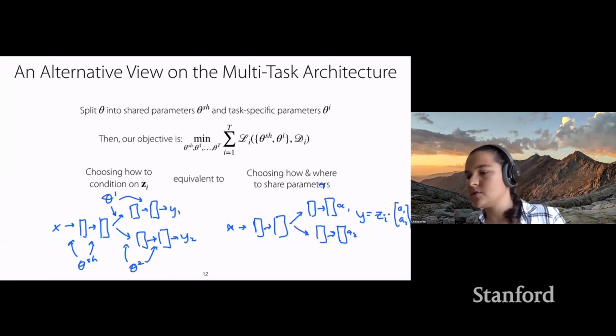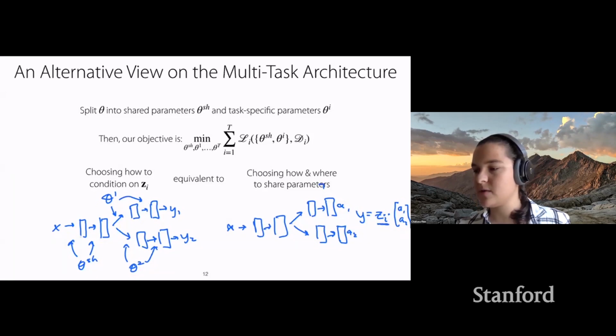Yeah, so in this architecture on the right, for example, this corresponds to one architecture where we're conditioning on ZI, and the way that we're conditioning on ZI is in a multiplicative way, where it's essentially gating which output you use, A1 or A2. So this architecture is essentially just one way to condition on ZI, where you have different branches of the architecture, and ZI is choosing which branch to use.